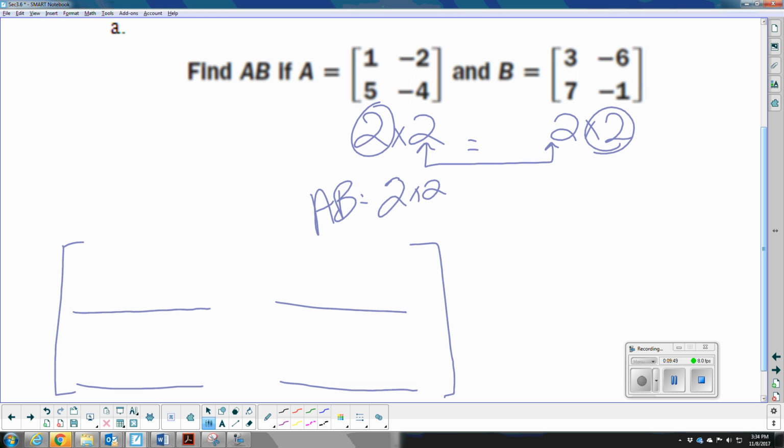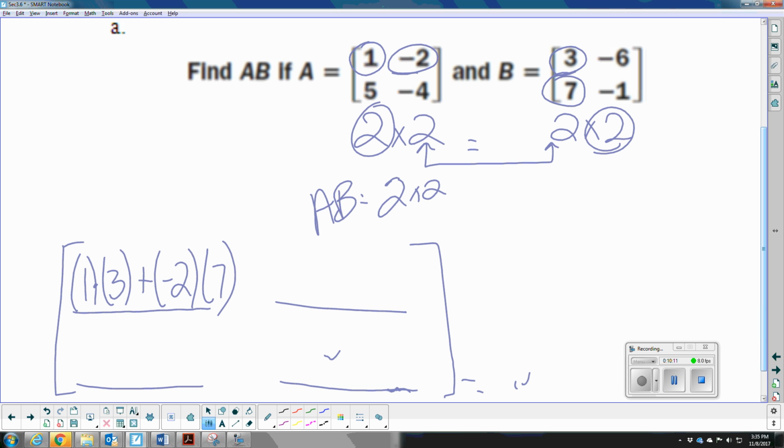So in my first row, first column, I'm taking 1 times 3 plus negative 2 times 7. And I'm going to simplify this later, but for now, I'm just going to leave it like this.